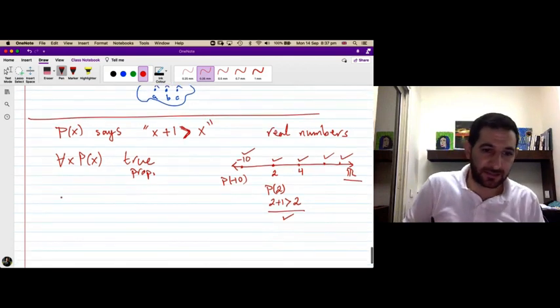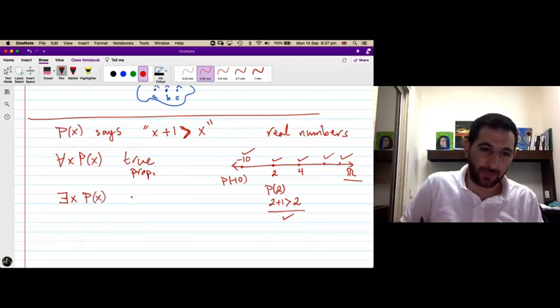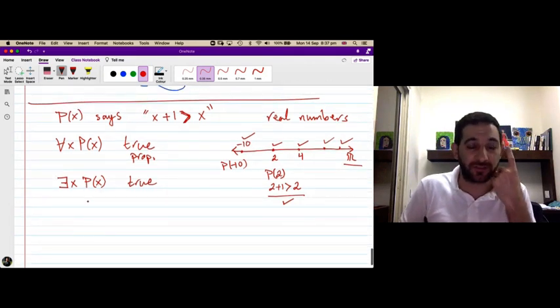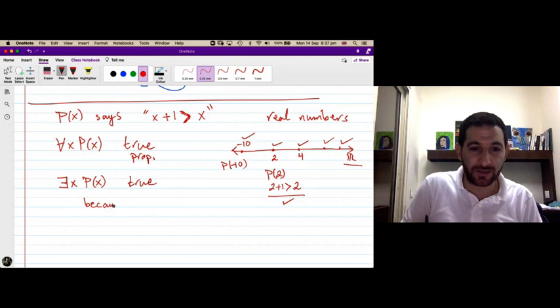Okay, let's discuss the existential quantification. There exists x, P of x. Is this true? Well, yes, it is true. What does this say? This is true if you can find one element, just one, at least one, which has property P. It is true because just choose any real number, because P of 8 is true.